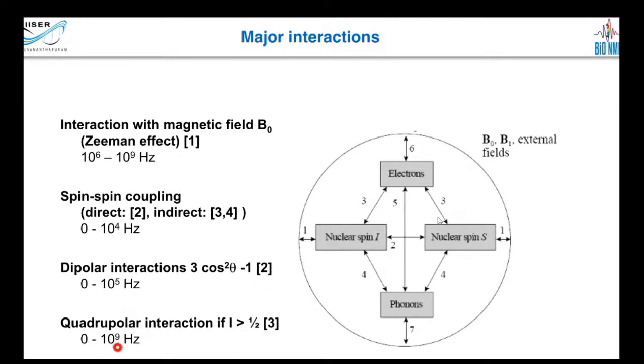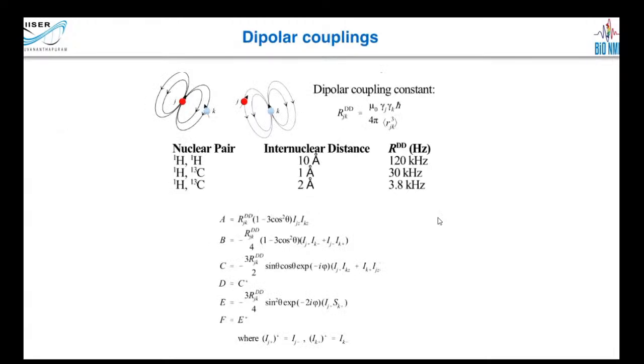It goes up to 10 raised to 9. This is at the limit of the Zeeman, almost as equal to Zeeman interactions. We will talk about quadrupolar later also. So this is dipolar interaction, and dipolar interaction is this part. You see this part? Now this part is between the dipole interaction.